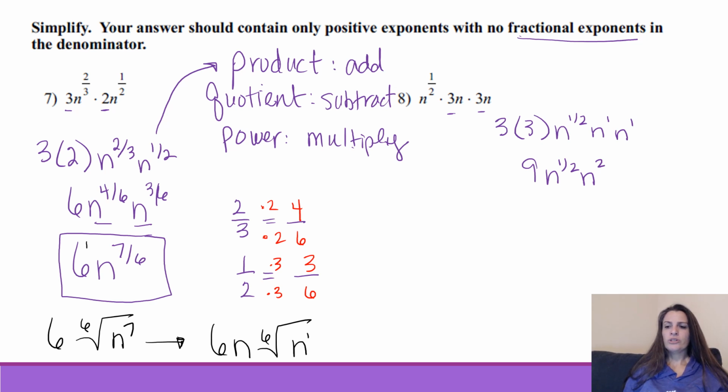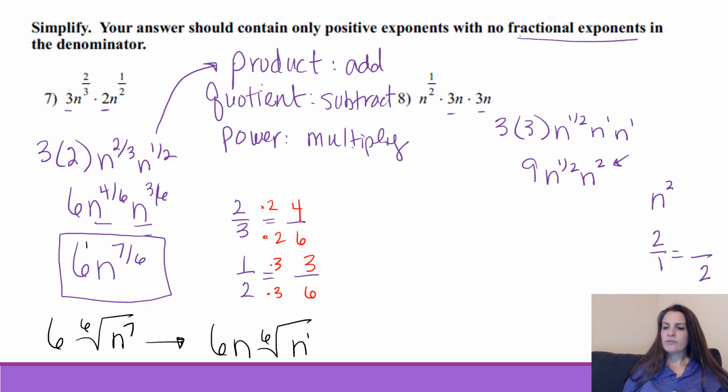And again, we're going to change that power to be something over... nope, we don't have to change that one. What am I doing, guys? Seriously, we're going to change the 2 to have the same denominator. So I'm going to change this guy, my bad. All right, so n squared, 2 over 1 equals how many halves?